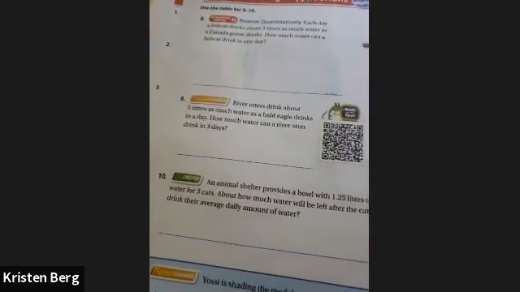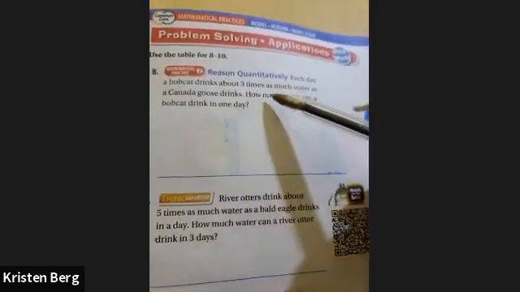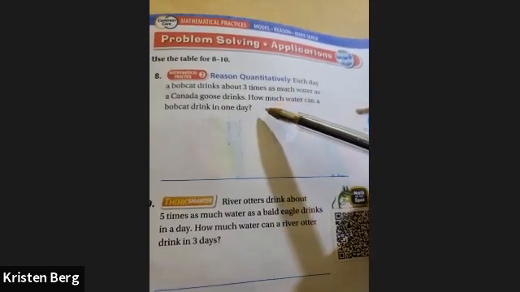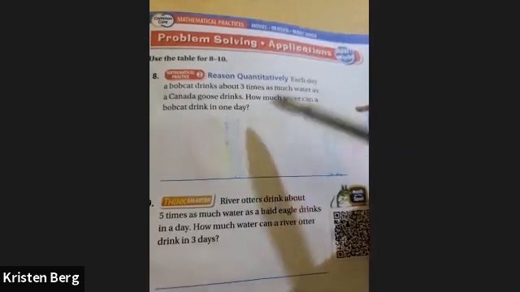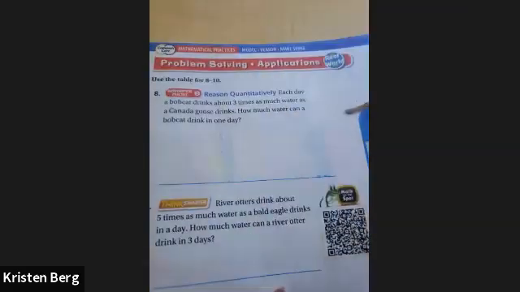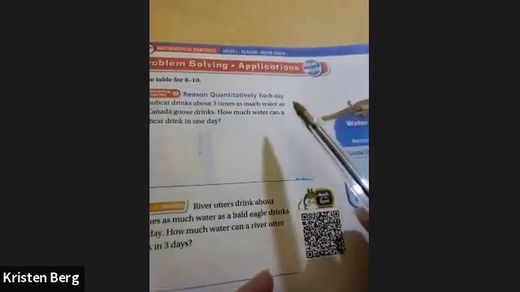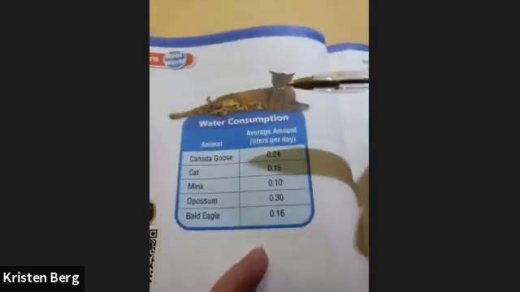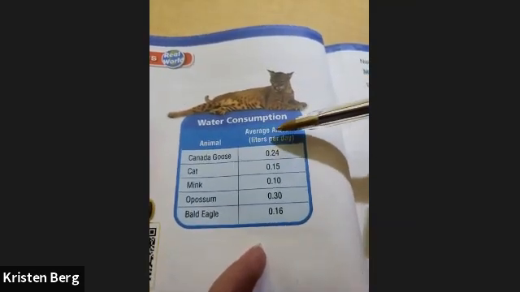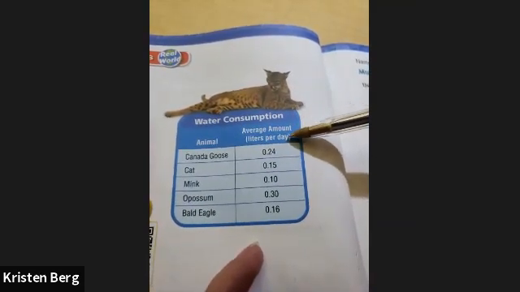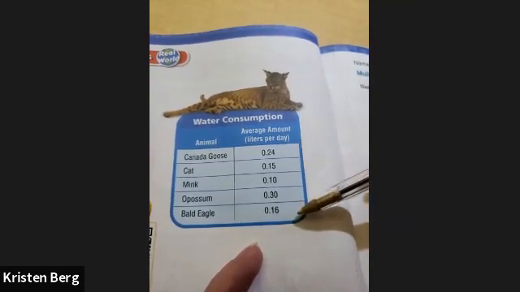It says each day a bobcat drinks about 3 times as much water as a Canada goose drinks. How much water can a bobcat drink in a day? If you come over here, now this is average liters per day that each animal drinks.